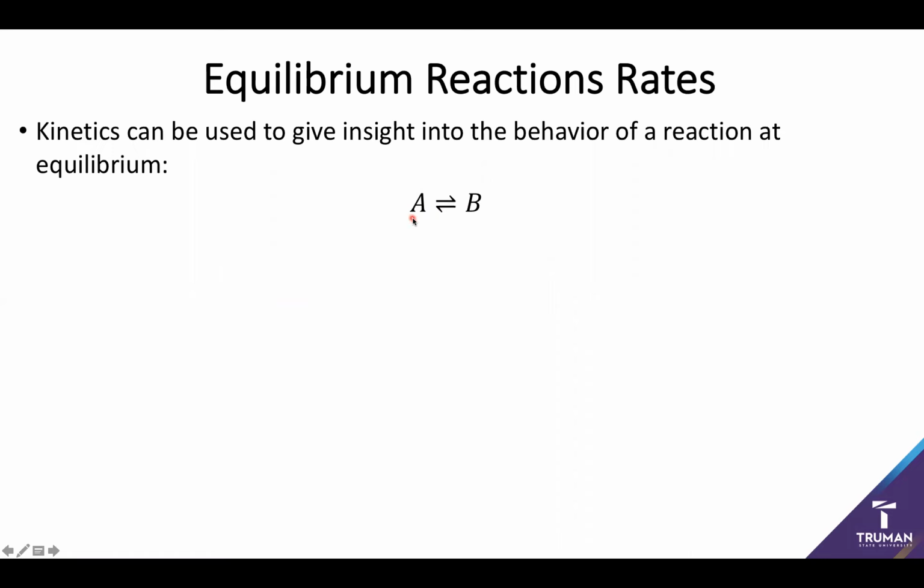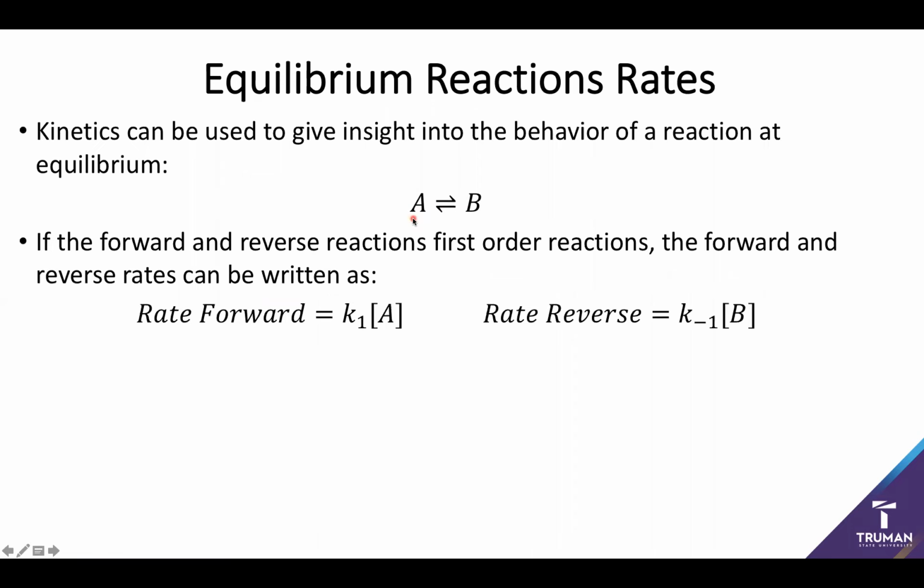Well, to understand this, we can take a look at the two rates of this reaction. First, we've got a forward rate, and then we've got a reverse rate. Now, we're going to assume that both of these reactions behave first order. In that case, the forward reaction rate is just our forward rate constant, which we're going to call K1, times the concentration of the reactant, in this case, A. However, for the second reaction, now suddenly B is my reactant, and it's going in the reverse direction.